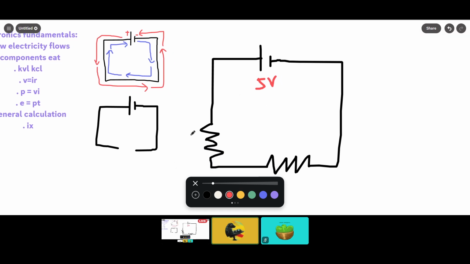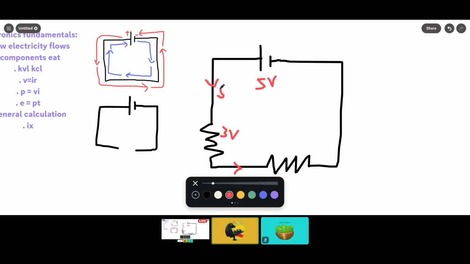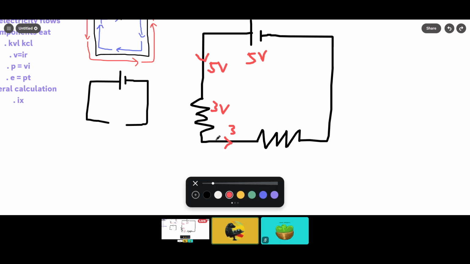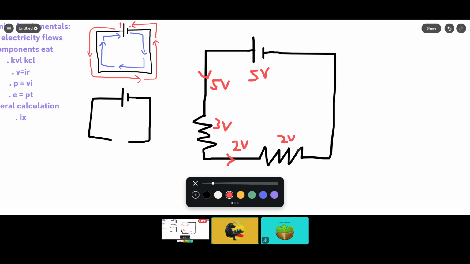The resistor will eat up some of that voltage. Just as an example, this particular resistor takes up 3 volts lah. Originally flowing through here, there's 5 volts. Now flowing through here, 5 minus 3, so it's 2 volts. So there's 2 volts left for this to function.